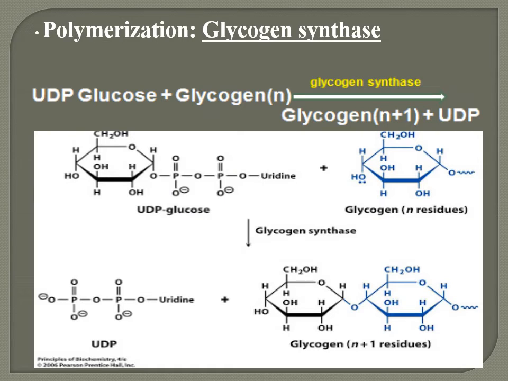So here you can see the structures to understand the reaction. The C1 of the UDP-glucose is transferred to the C4 of the glycogen chain, thus forming an alpha 1,4 glycosidic linkage, and this step is catalyzed by the enzyme glycogen synthase.